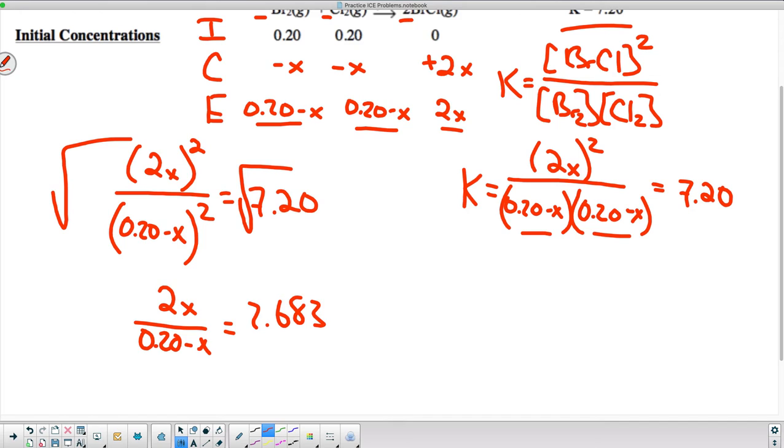So I multiply both sides by 0.20 minus x to get this off the bottom, like that.